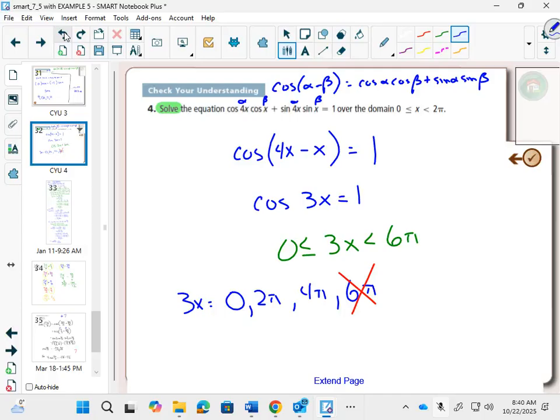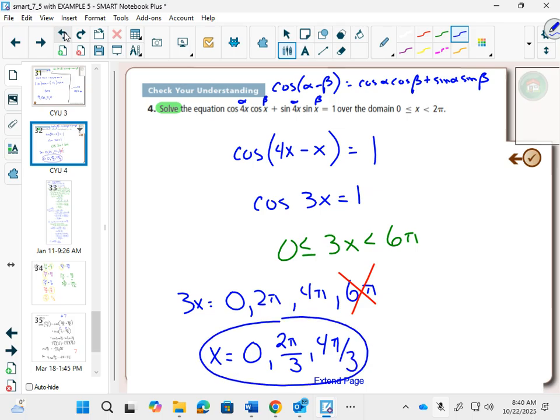So 0, 2 pi, and 4 pi, and then we could solve for x by dividing each of them by 3. And we get x is 0, 2 pi over 3, and 4 pi over 3.